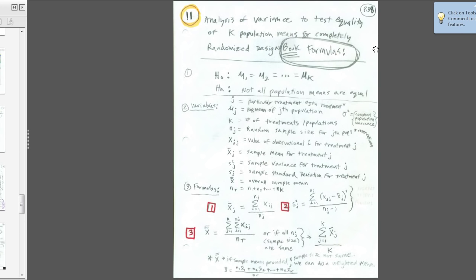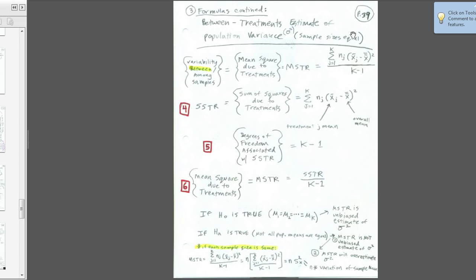Now I want to page down to 38. Here's some of the formulas from the book, page 39. This is the one that we're going to use. It's called mean square due to treatments. Remember, that's the populations. That'll be the actual variation between each one of our means. Again, they use treatments for population. That's the formula. We're going to do it over in Excel.